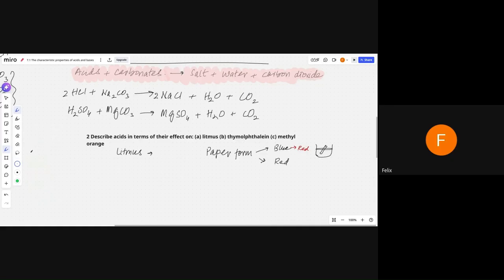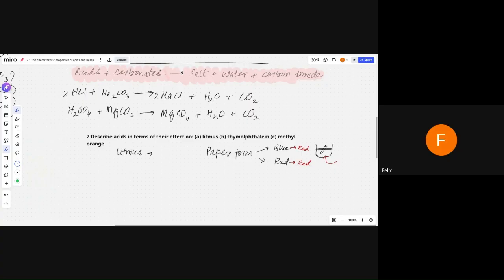And if you have a red litmus paper, and it remains red, that is also an indication that the solution that we are testing is acidic in nature, right? So I hope this is clear.